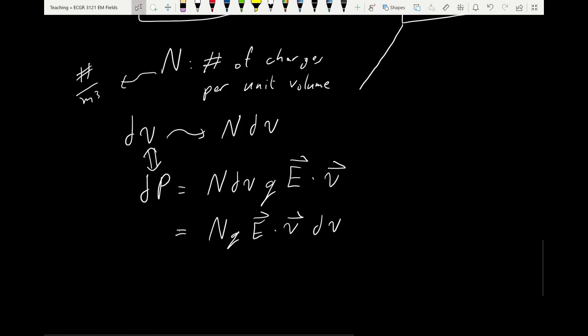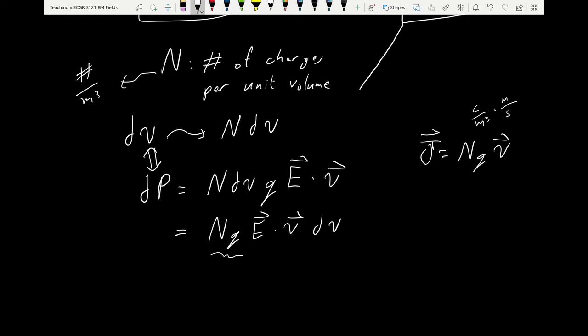What is NQV? Remember, J is NQV. So NQ is the number of charges within the unit volume, which gives me Coulomb per meter cubed, times the velocity, which is meter per second.